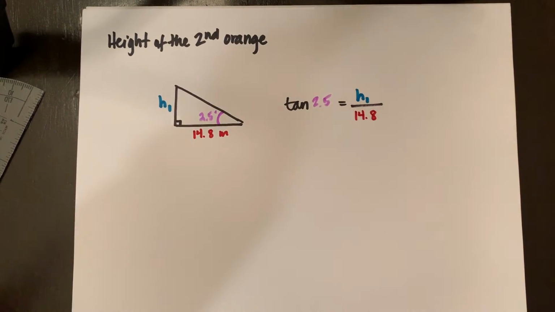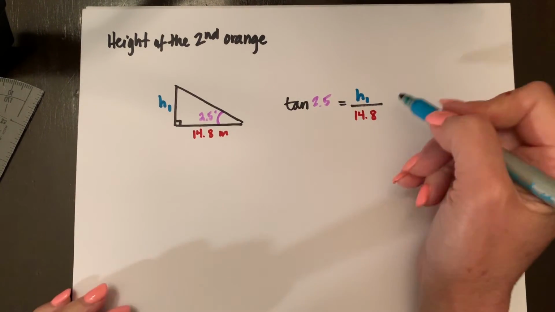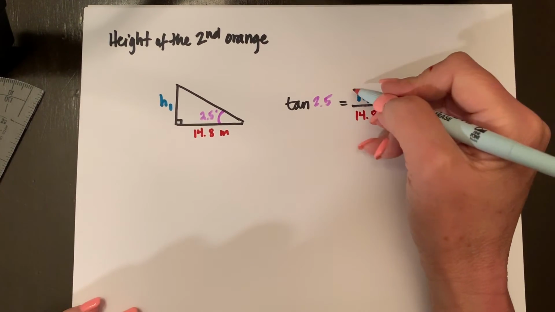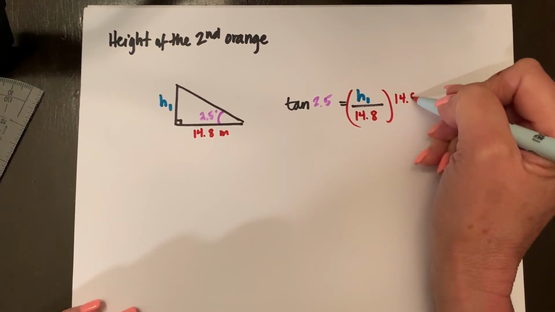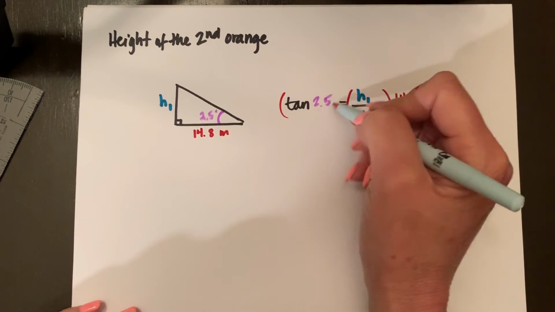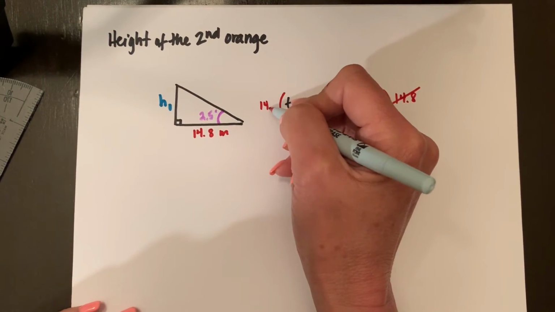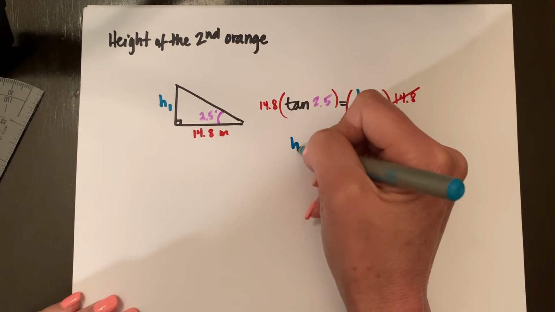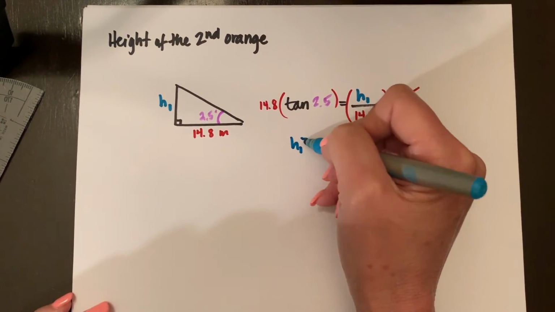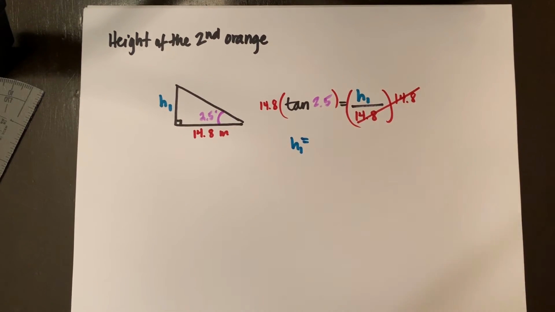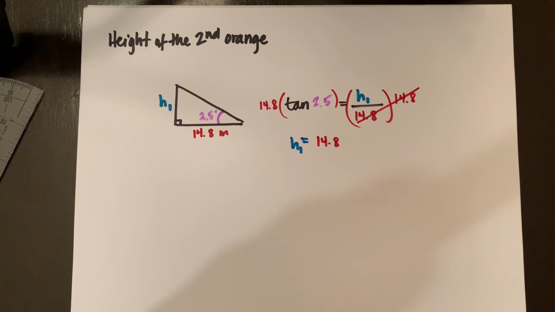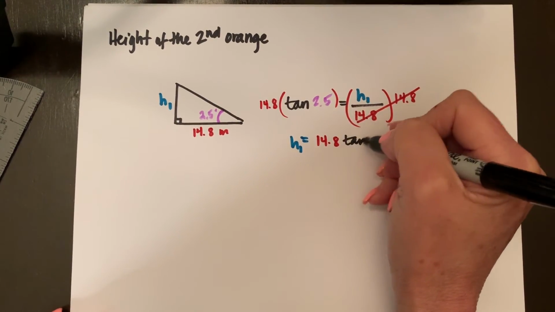So just like in our previous problem, we're going to multiply both sides by 14.8 to isolate the height that we're looking for. And so we can see that the height is going to be equal to 14.8 times the tangent of 2.5 degrees.